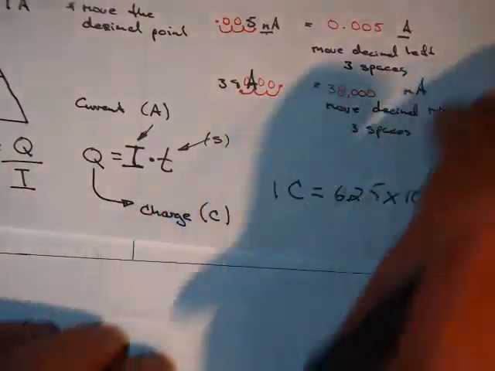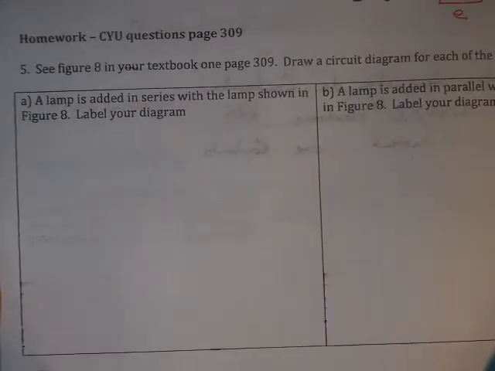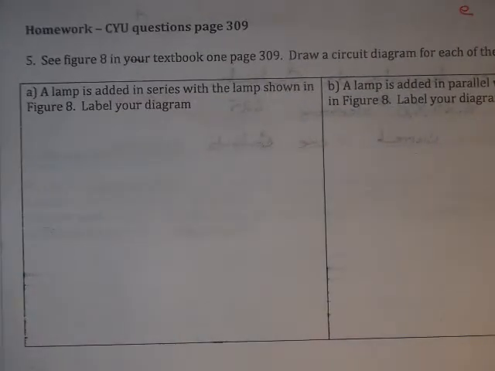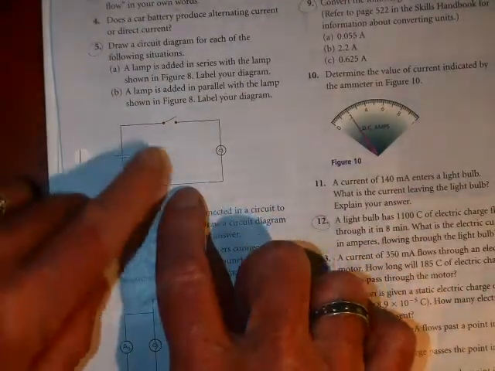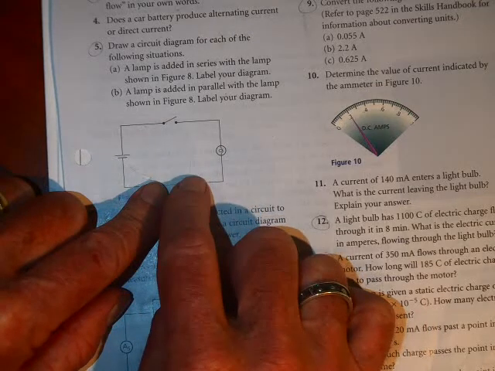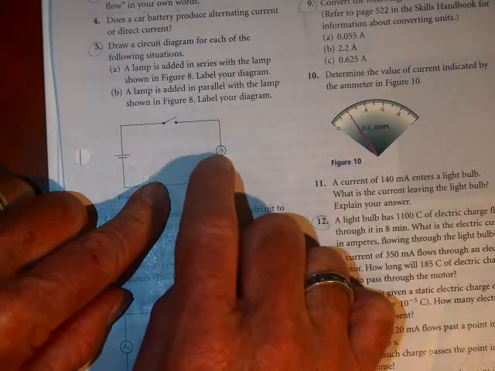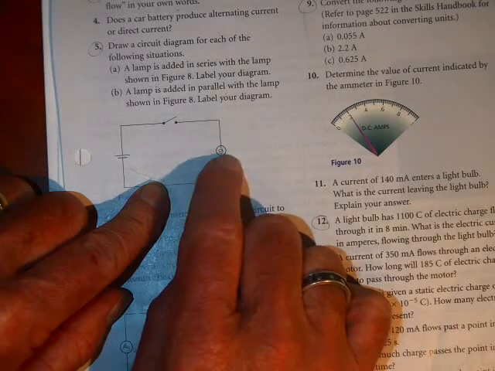Okay, let's put that aside for a minute, and let's look at the questions on the bottom of page 8 of our note package. And this is referring to CYU 10.2 on page 309. Basically it's asking you to take this diagram here and, in the first instance, put another lamp in series with this lamp here.